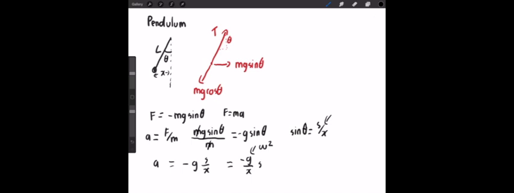And then s is our displacement, a is our acceleration, and acceleration is proportional to minus displacement, so it works. So omega squared equals minus g over x. Again, we're going to use omega is 2 pi f. So if I write (2 pi f) all squared equals minus g over x.